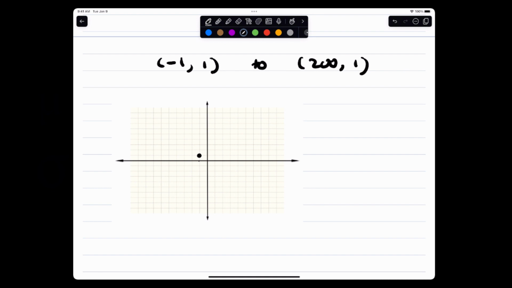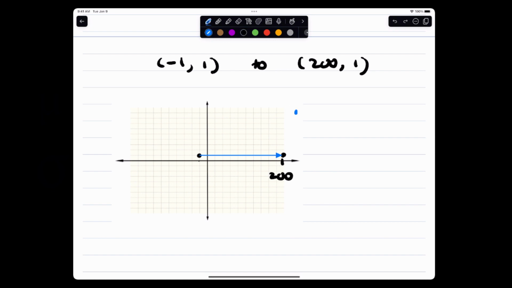So this is going to be not to scale. Okay, so here's going to be where 201 would be. Anyway, let's find the vector.